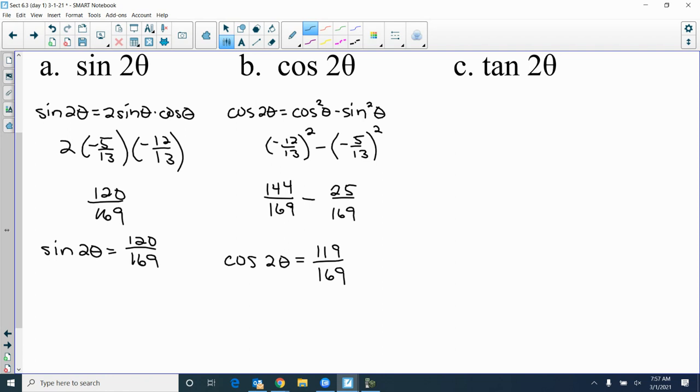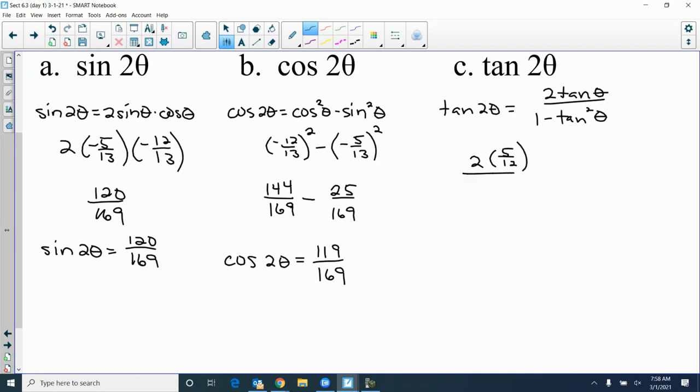We got tangent. I'm just going to use the theta instead of the alpha. I got 2 tangent of theta over 1 minus tangent squared. All right, so let's take a look at that and see what we come up with. And I get 2 tangent of theta, we already said was 5/12.